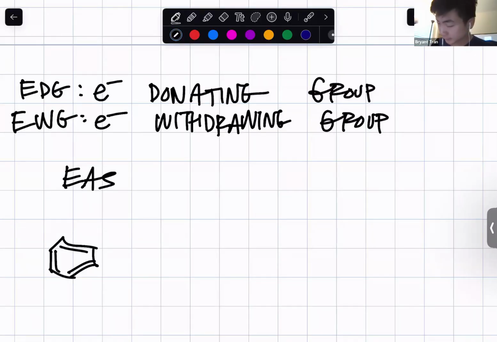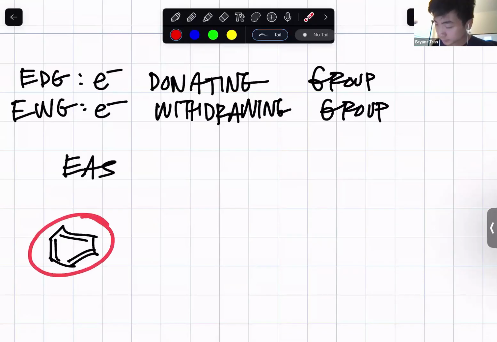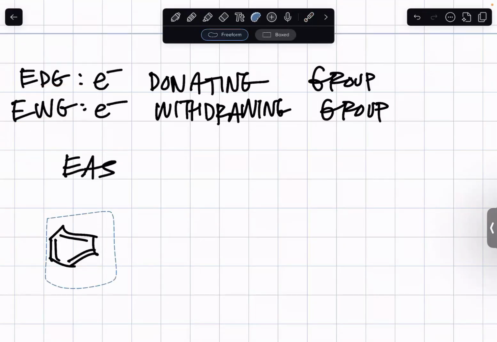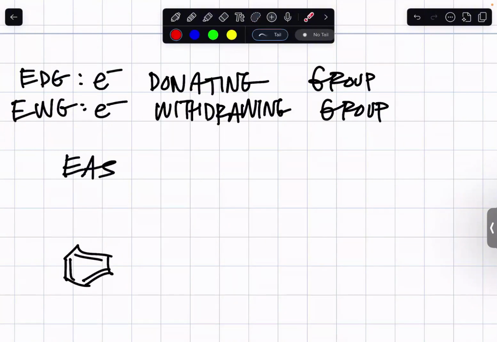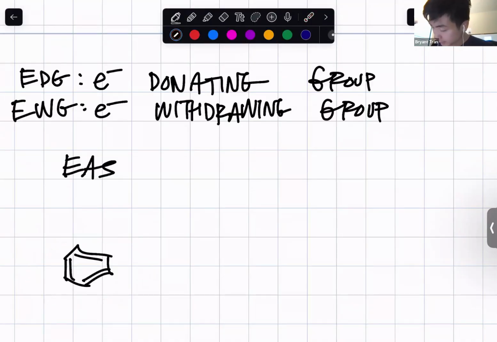It was the nucleophile. So what do you think will make the benzene a stronger nucleophile? EDG or EWG? EDG. Yep. It would be an EDG because an EDG will donate electrons into the benzene, giving it more negative charge, so it will make it more nucleophilic, more negatively charged, right?